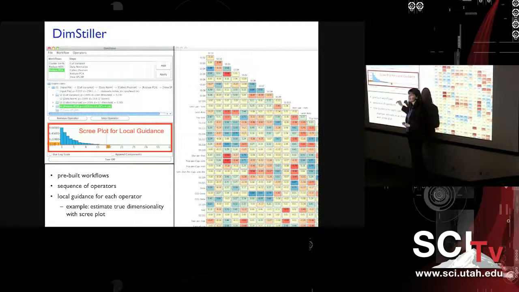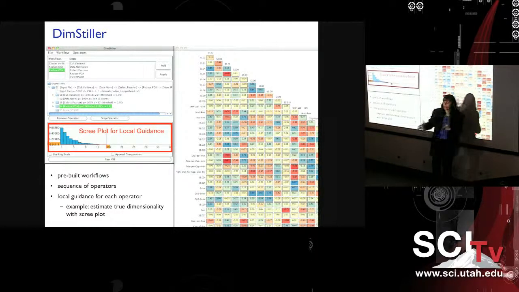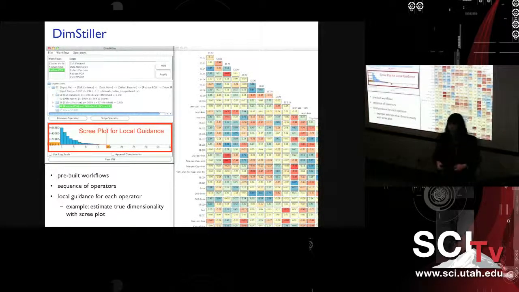But many, many middle ground users don't actually know this, don't have the idea that they should try to understand what is the true dimensionality of my data before running a reduction. So what DimStiller was designed to do is say, let's build this in to give the visual guidance to people as they're walking through the data analysis process.